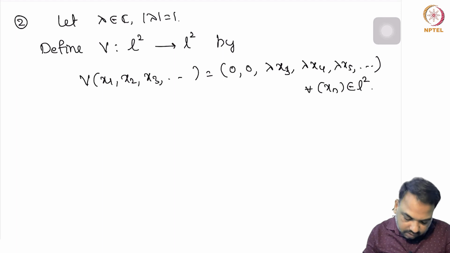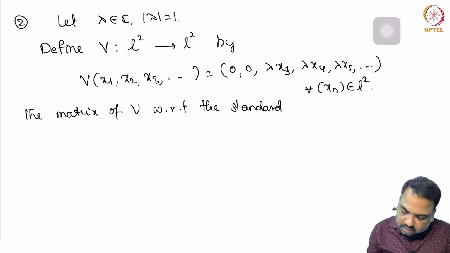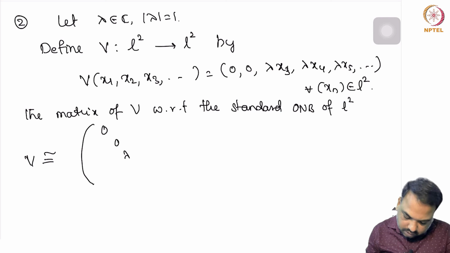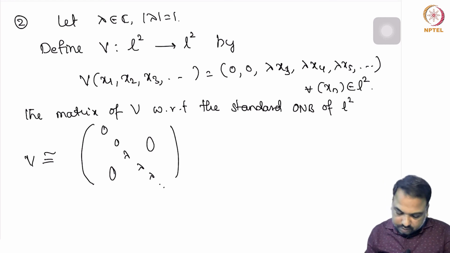So the matrix of V with respect to the standard orthonormal basis of L2 is nothing but zero zero, lambda, lambda, lambda and so on, where the basis is E1, E2, E3 and so on.